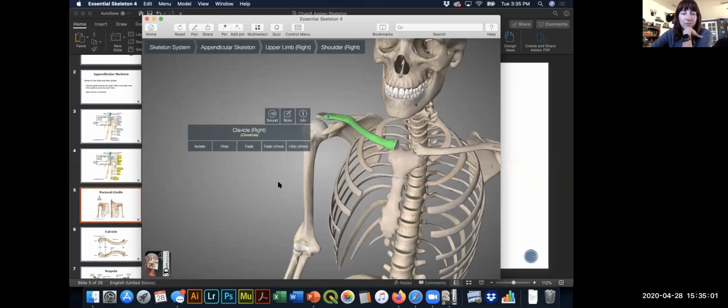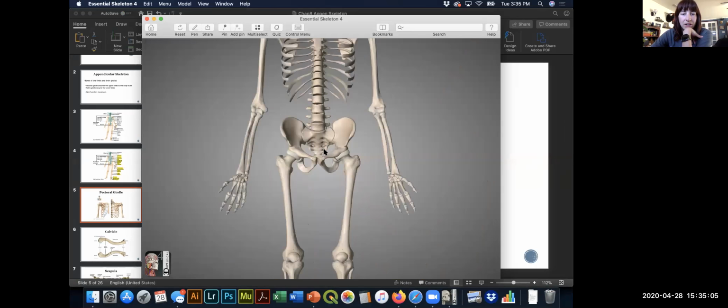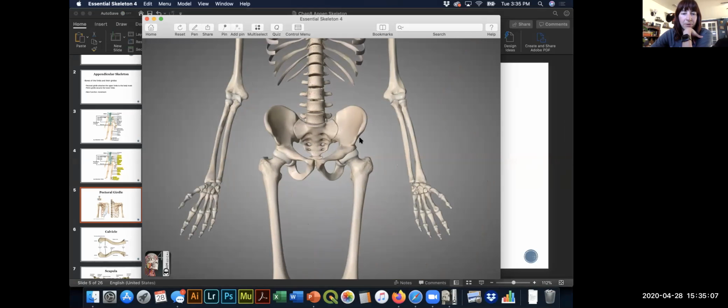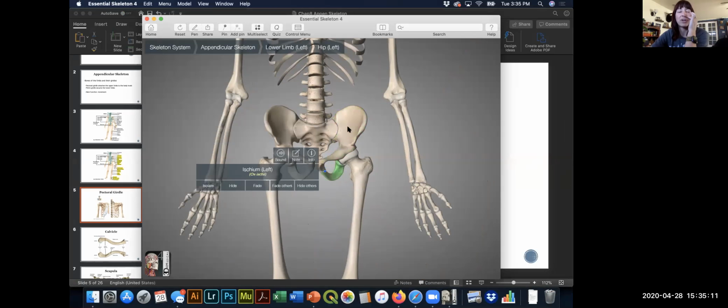Your pelvic girdle is, of course, your coxal bones of your pelvis, right? And they have them separated out here. So it is 3 fused bones, right? Your ilium, your ischium, and your pubis, or pubic bone.